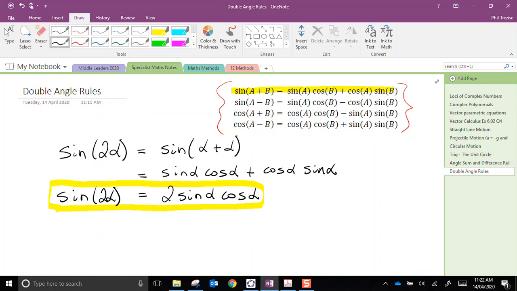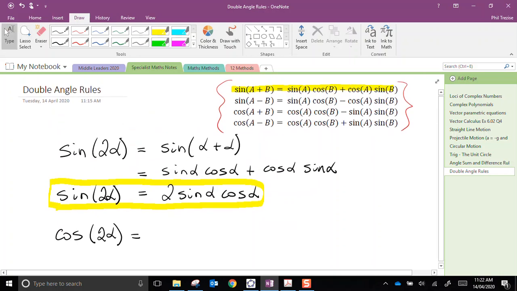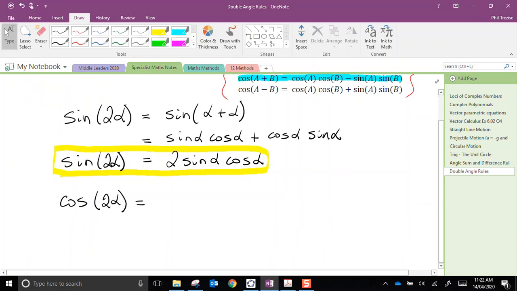Now what about cosine of a double angle? Cosine of 2 alpha. That one, let's go blue highlight. So we remind ourselves it was cosine of the first by cosine of the second, then subtract sine of the first by sine of the second.